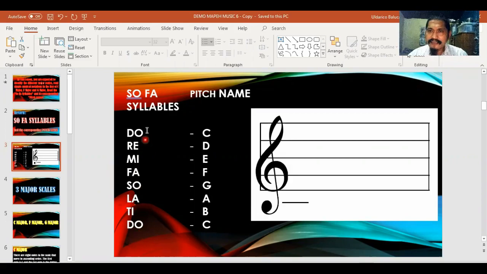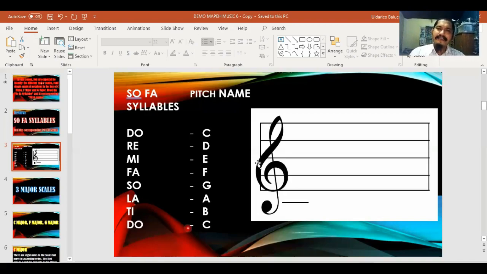In every solfa syllable, there are corresponding pitch names. For do it is C. Ito sila yung mga pitch name: re, D; mi, E; fa, F; sol, G; la, A; ti, B; do, C.